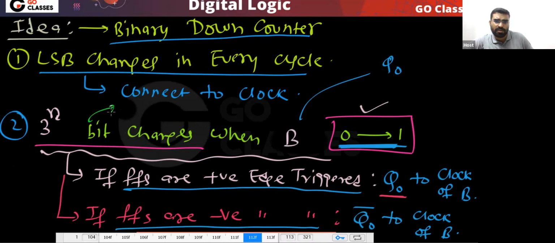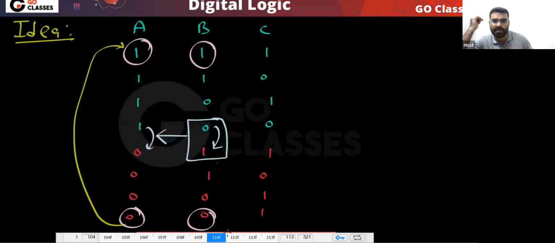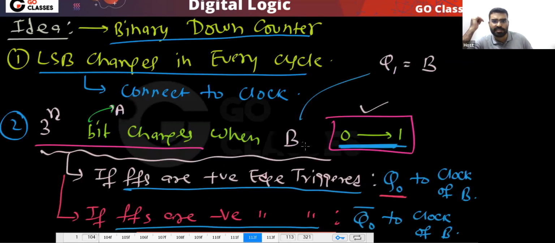This is your A. So this third bit is changing when B is going from 0 to 1, correct? Agree or not?